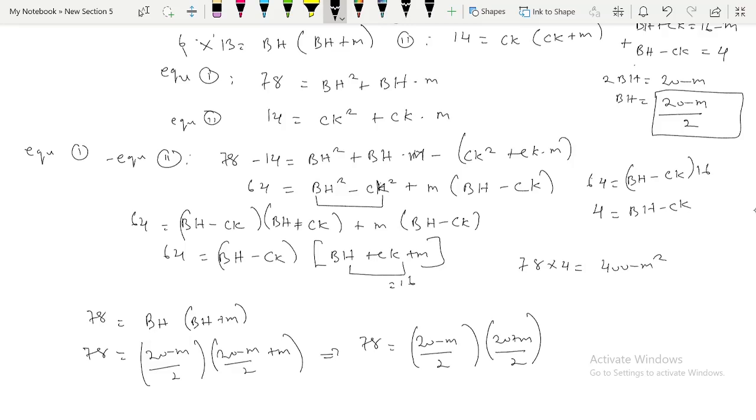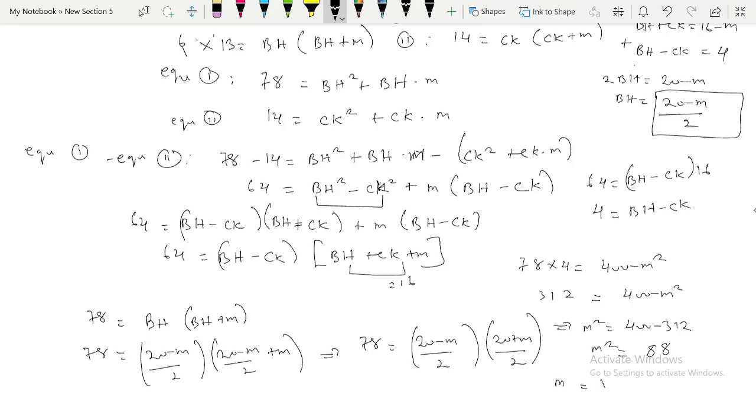When you expand, this is 312. And then I have m squared as 400 minus 312. M squared is 88. Yeah.